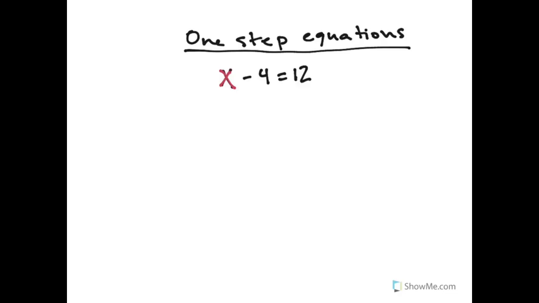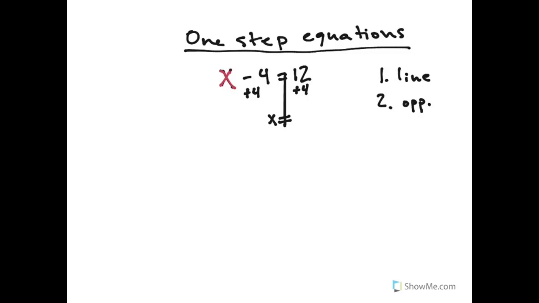The first thing that I do whenever I do these problems is I draw a line, and write down the equal sign. And then the second thing you want to do is the opposite. I'm just going to put op right there. Since this is saying subtract 4, we want to do the opposite of that, which is add 4. And whatever you do to one side, you do to both sides.